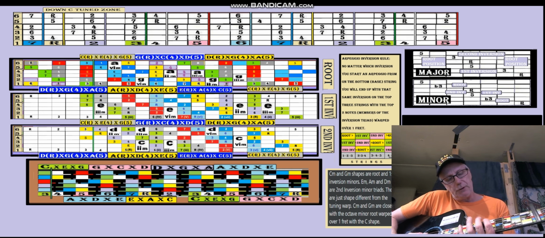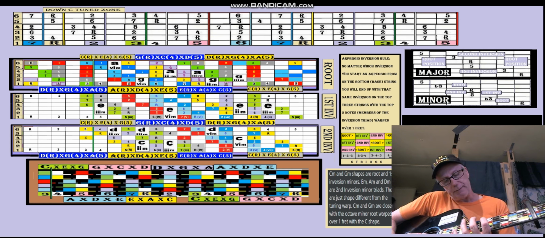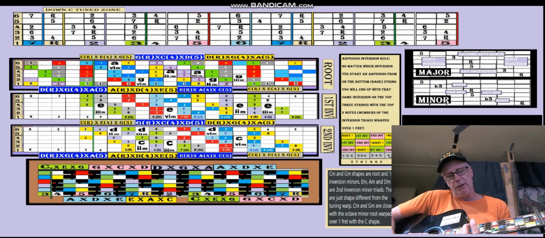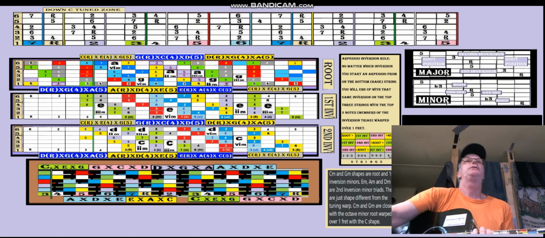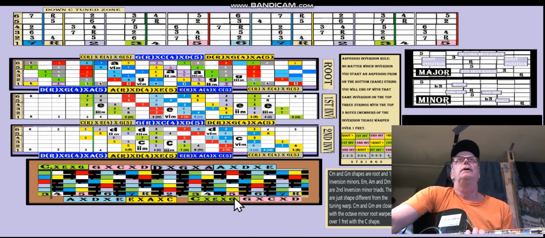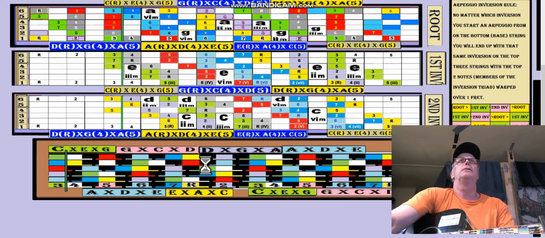The E box goes from the B to the D. If we're going to do all shapes in the E box, we should look at the chart. Cheat a little bit. Here is the E box right here.